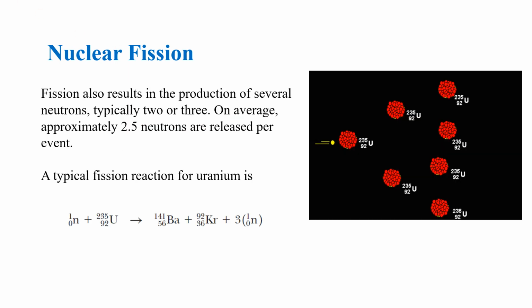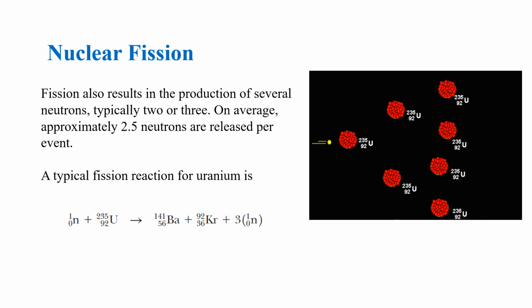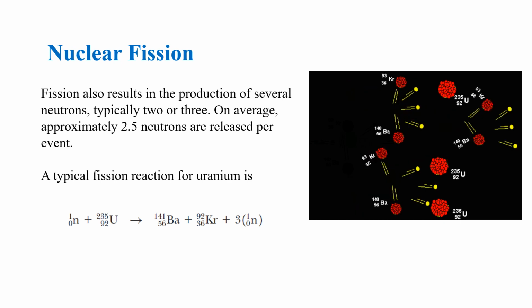Fission also results in the production of several neutrons, typically 2 or 3, and on the average, approximately 2.5 neutrons are released per event. As you have seen in the previous slide on the representation of the process of nuclear fission, there are extra neutrons that are produced in the fission process. For example, you have a typical fission reaction for uranium given below.